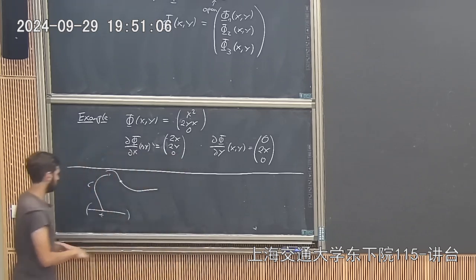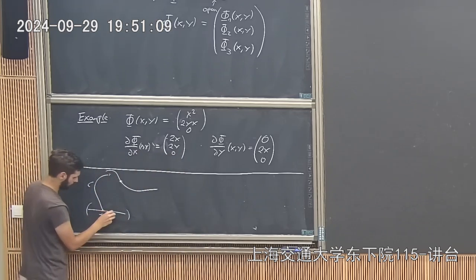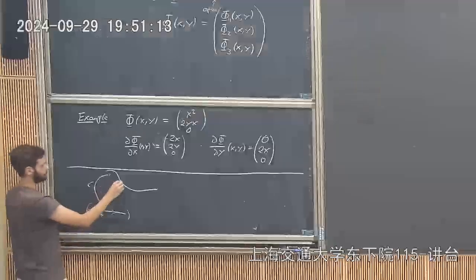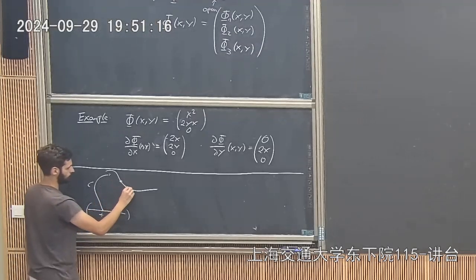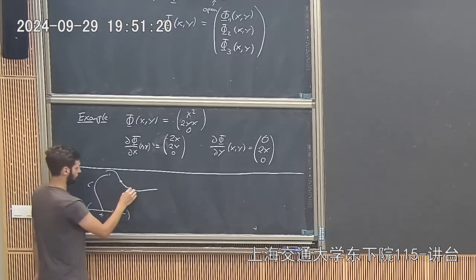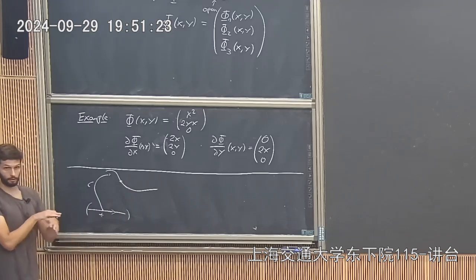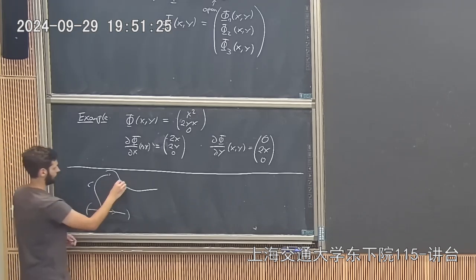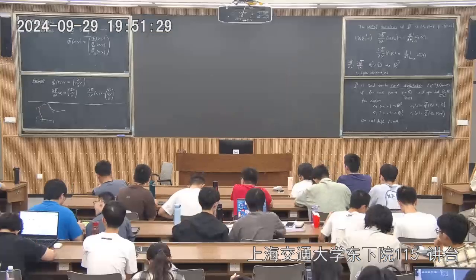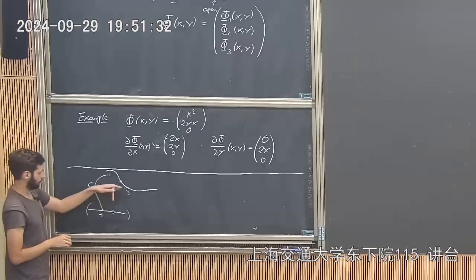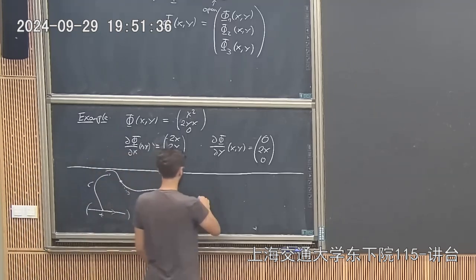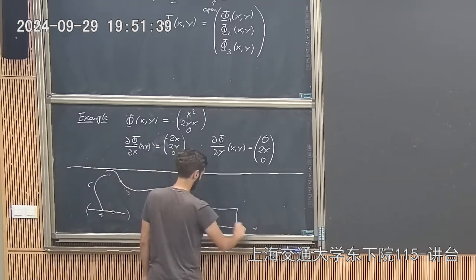And what we can do, of course, is we go a little bit in a later time. And then this point moves a little bit along the curve to give us another point. And then we can take the infinitesimal version of that to get the tangent vector at that point. So that's relatively clear in the one-dimensional case.